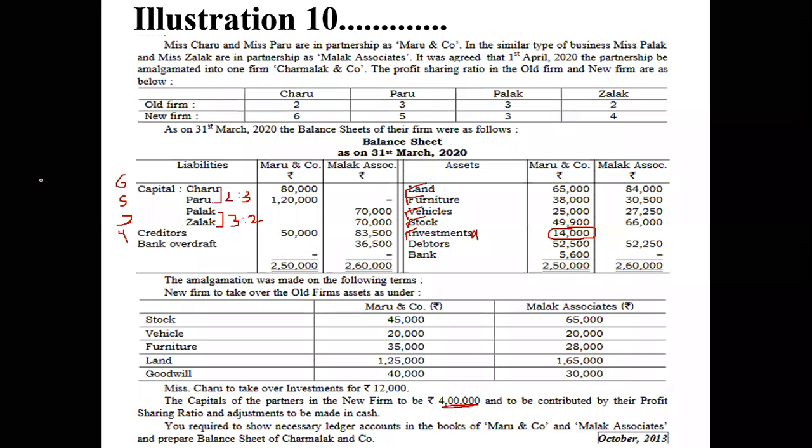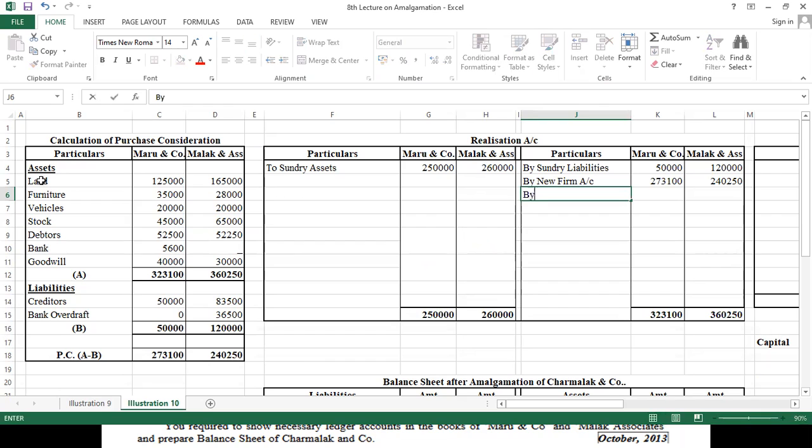Apart from that, there is one investment which is taken over by Ms. Charu. So we will write by Charu's capital account. Amount is 12,000, and here we don't have anything.